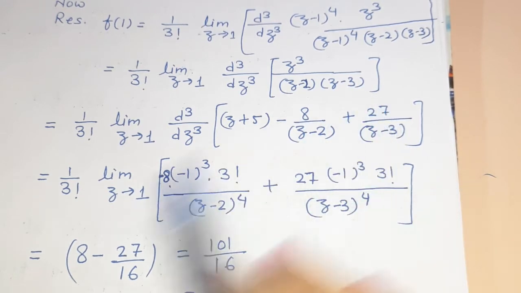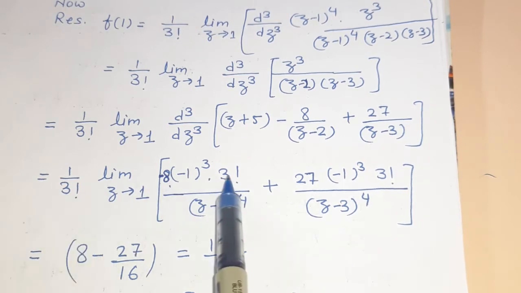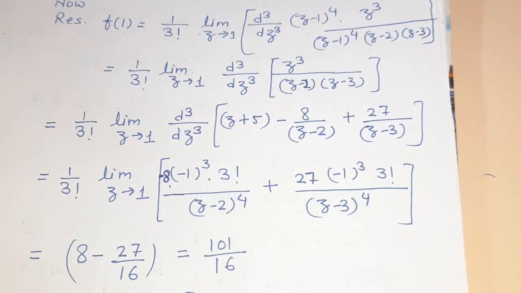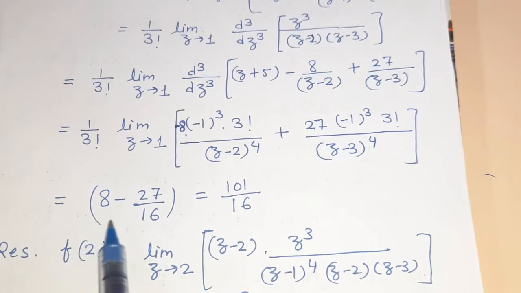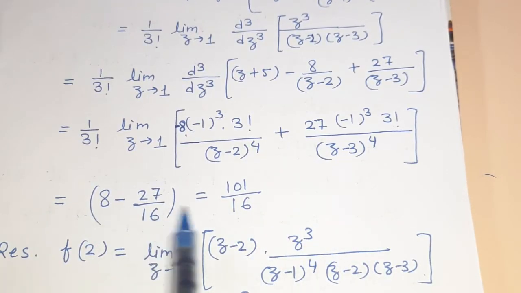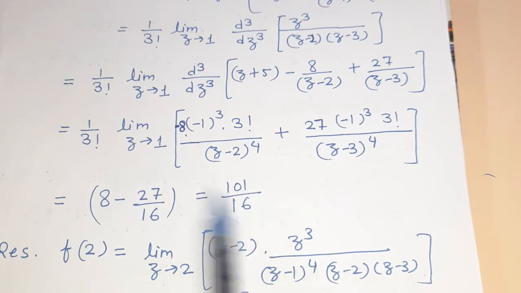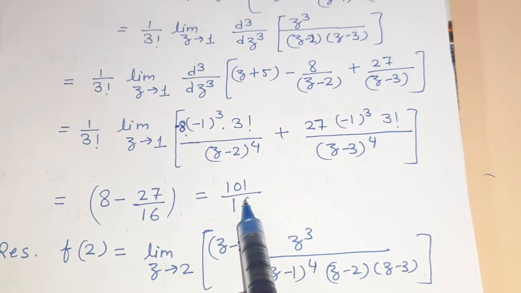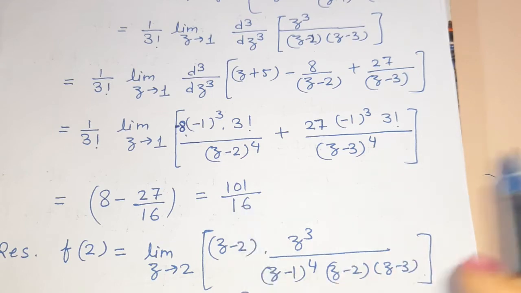It's simple differentiation, you can do it on your own, and this factorial 3 will cancel. Finally, after calculation we get 8 minus 27 by 16, which is equal to 101 by 16. So this is the residue at z is equal to 1.